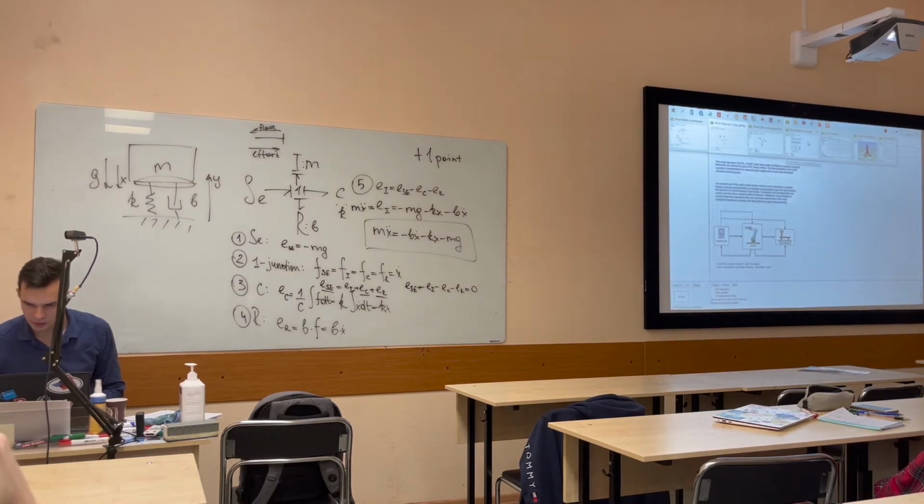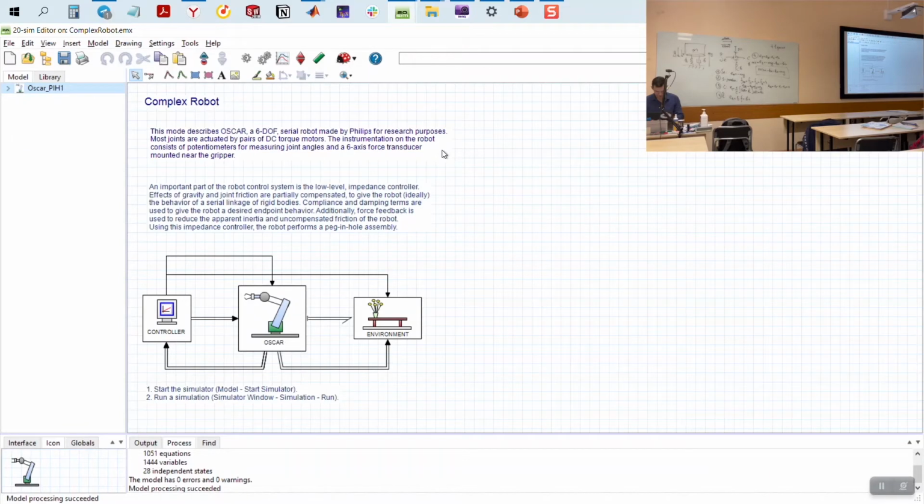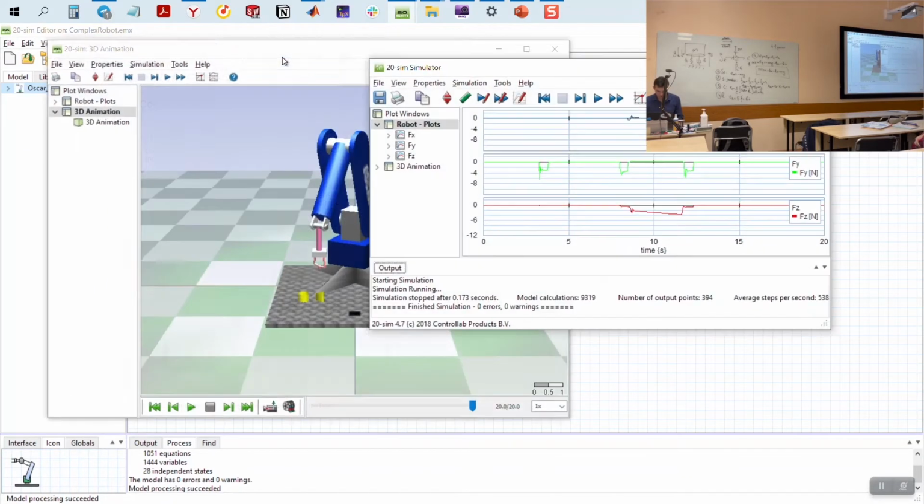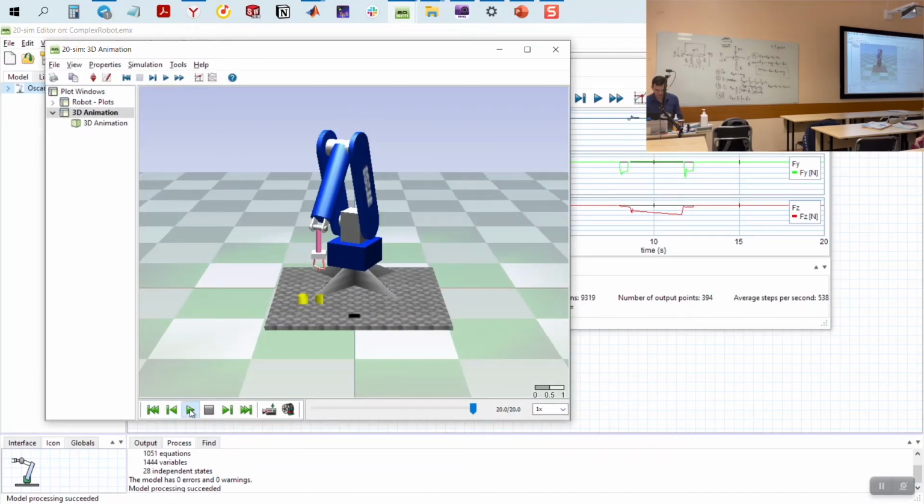For example, the whole robot. Here you can see an animation of the whole robot with all controllers, with all masses, all this stuff, and it's all based on bond graphs. So it's pretty complicated stuff here.